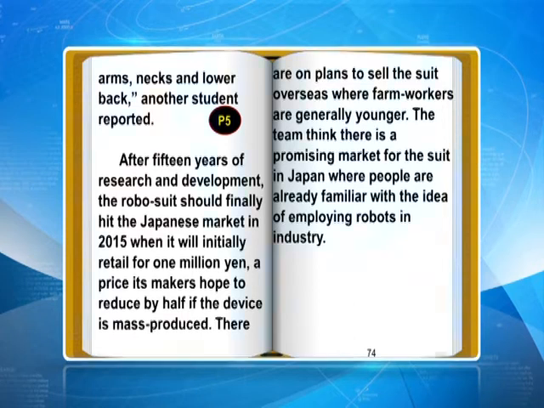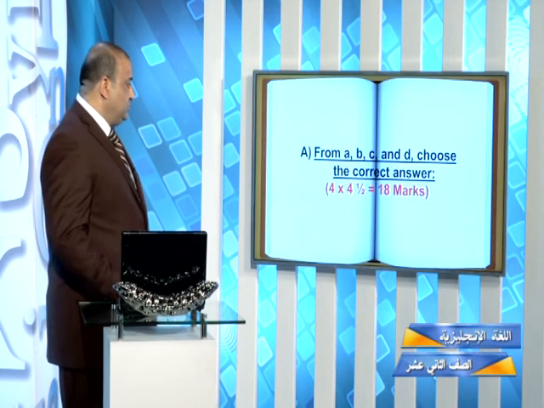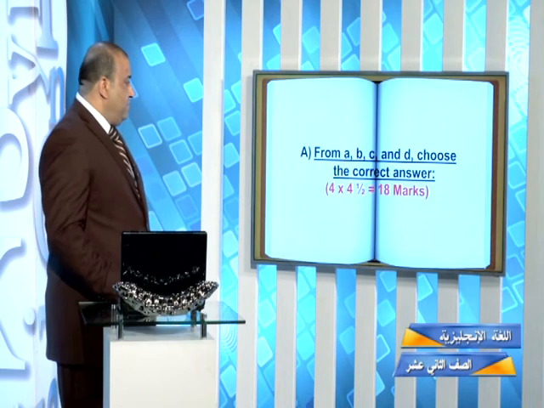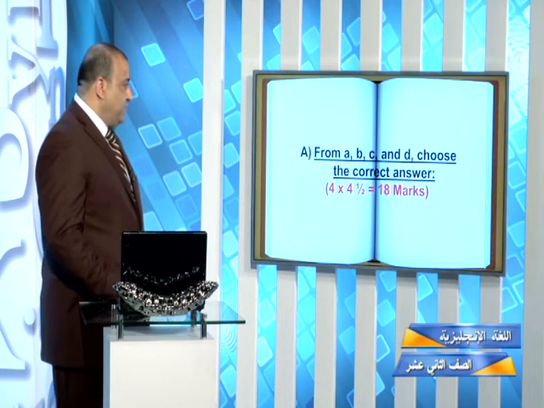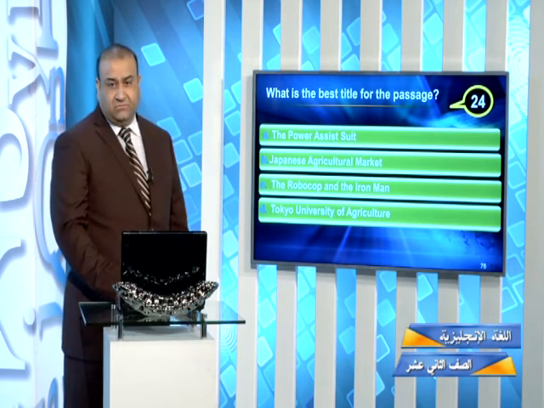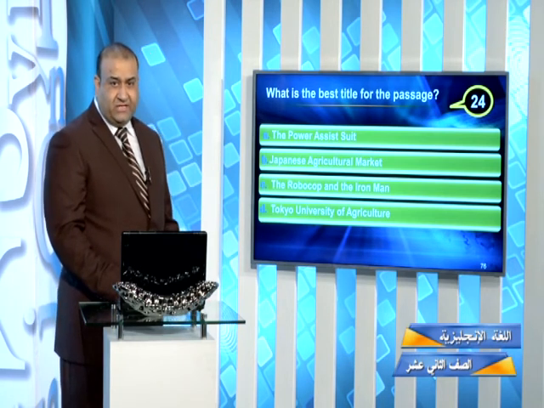Now, after reading the text, let's go back to our questions. Let me remind you of the question. From A, B, C, and D, choose the correct answer. What is the best title for the passage? So it's clear that we are talking about something specific.